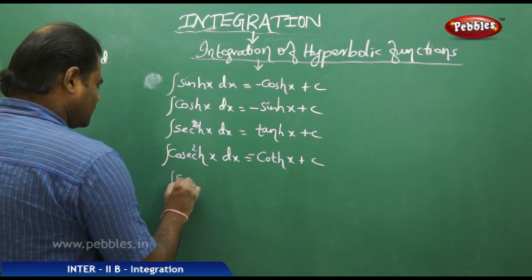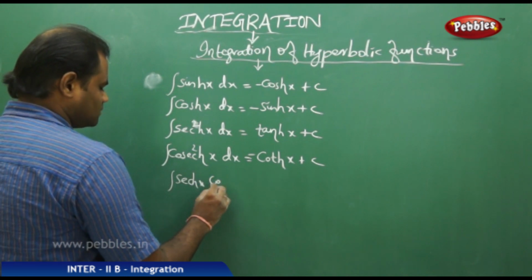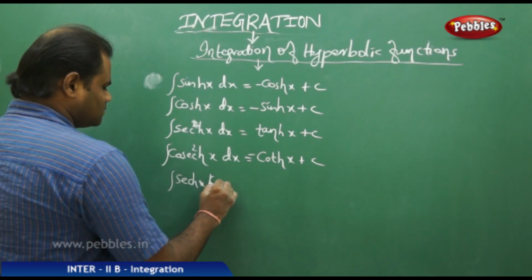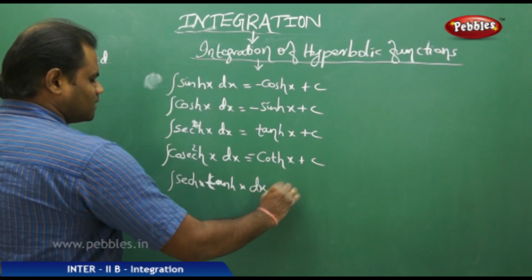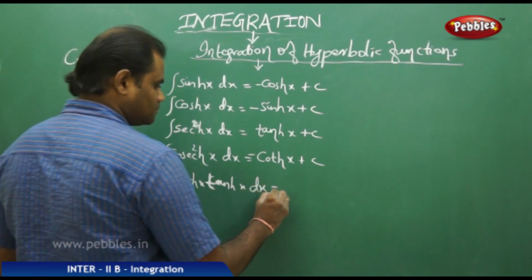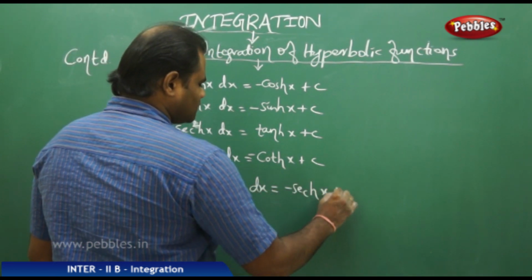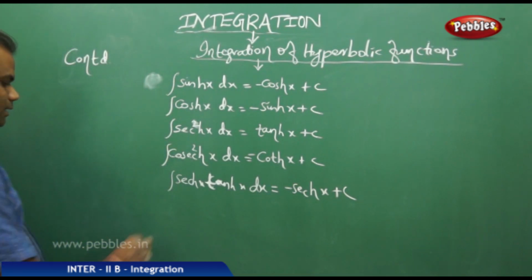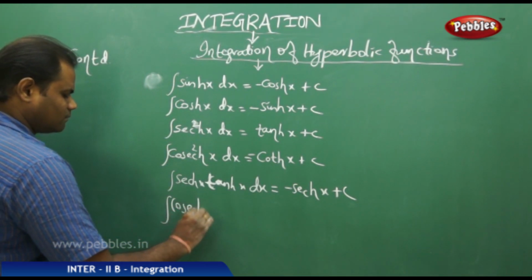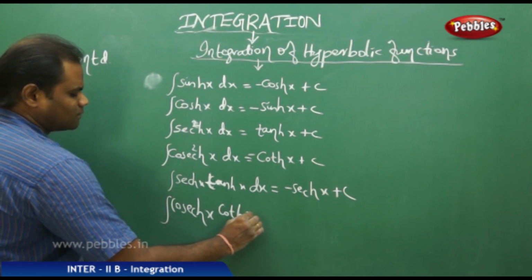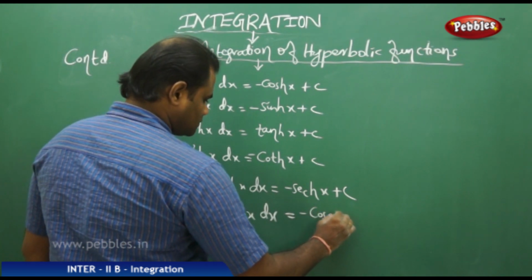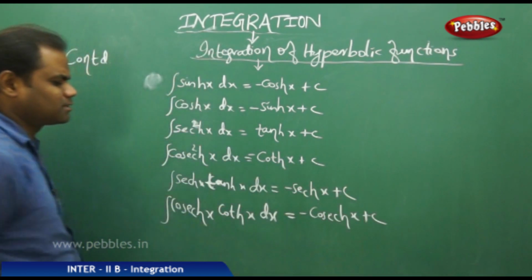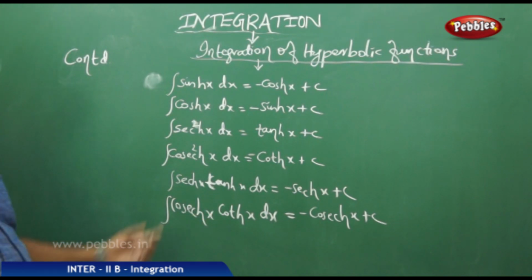And then I have integral secant hx tan hx dx is given by minus secant hx plus c. And then integral of cosecant hx cot hx dx is given by minus cosecant hx plus c, is how we proceed with various hyperbolic functions.